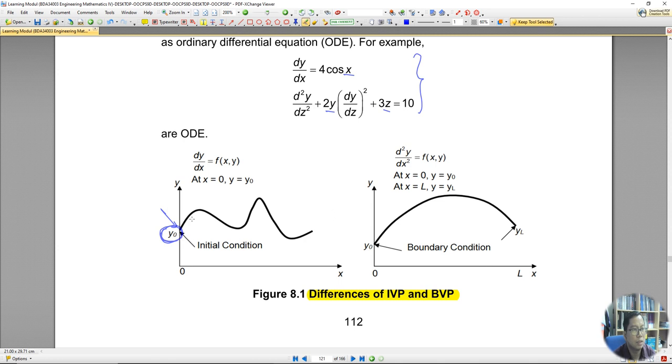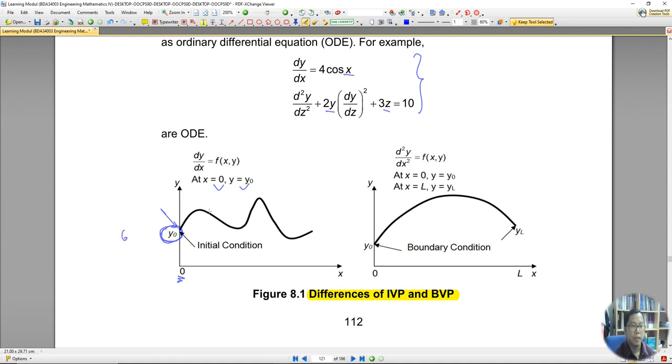So in this case we know what is the x and what is the value of y. Okay, this is what we call IVP. dy/dx is f(x, y), at x equal to x0, and then y equal to y0, maybe 6, 7 or something like that.